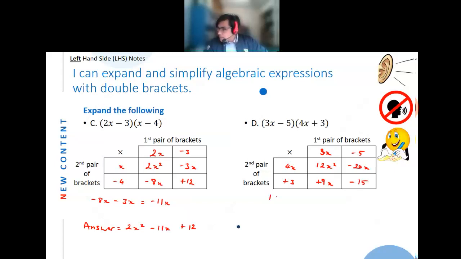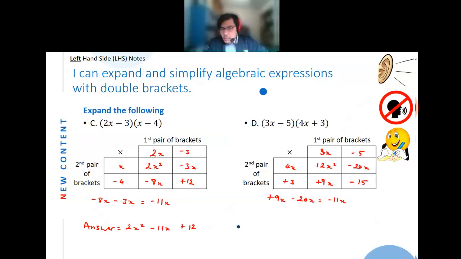So we have plus 9x minus 20x. Now we have a small number minusing a big number. So that's going to go into the negative, right? If you want to think about it, it's kind of like I've got $9 and then somehow I spend $20. So that means that I'll be negative 11.